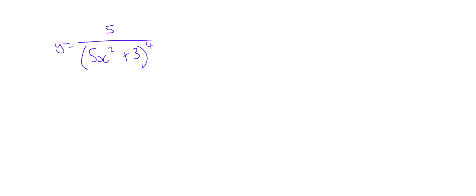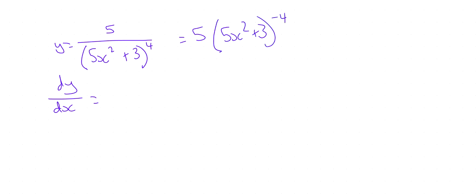What should my first step be? What's the first thing I do when I find the derivative? What should I redo this as? Good. So let's first of all just rewrite this with a -4. Now it looks like something we can deal with. Anytime you have fractions, rewrite it with negative powers first, then you can differentiate it.